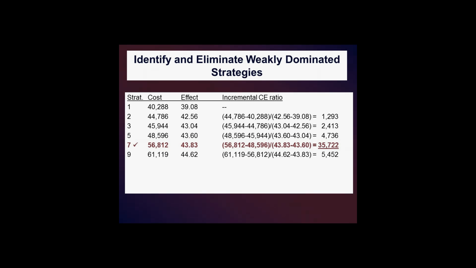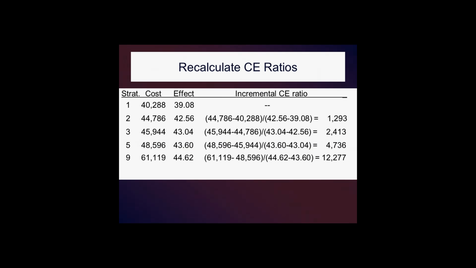There may be constraints that say, no, you have to leave 7 on the table. But from a purely economic point of view, you would not do 7. You'd do some combination of the others, and you would get more bang for the buck. So then we redo this, and what we have nicely now is that for me to buy more health costs more money for every additional unit of health that I want to buy.